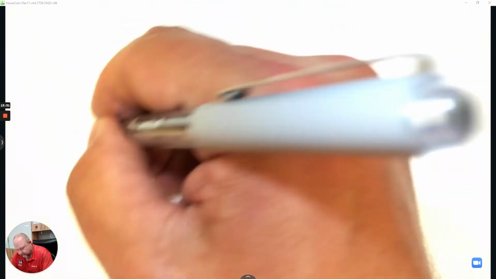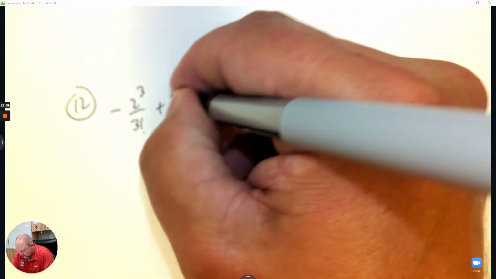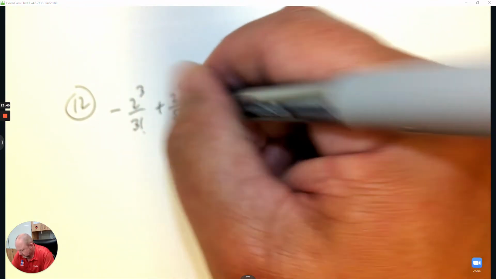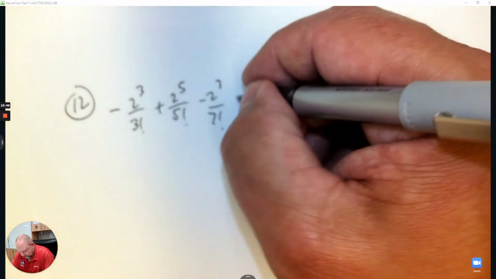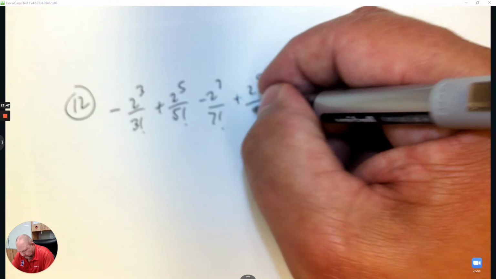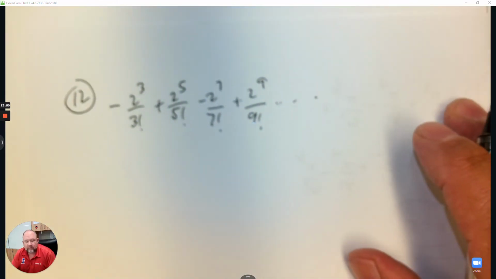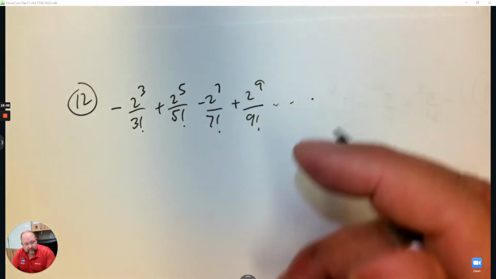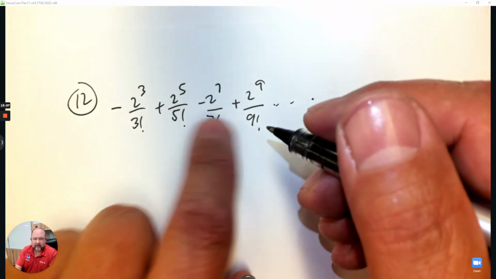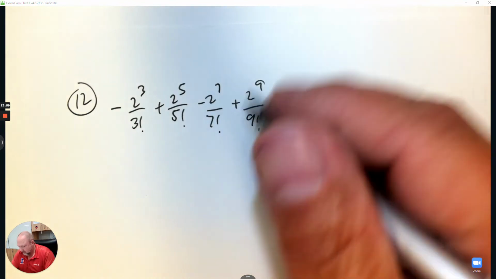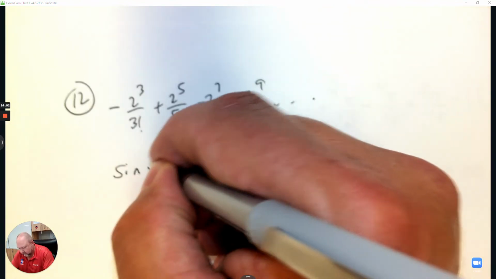Number 12. So if you look and see, it alternates and they're odd on the bottom. So let's see what sine x would give us.